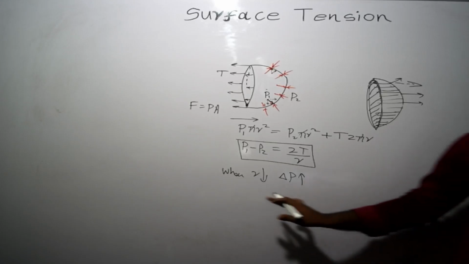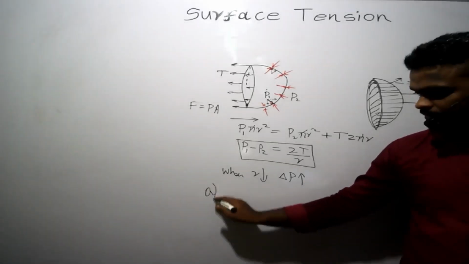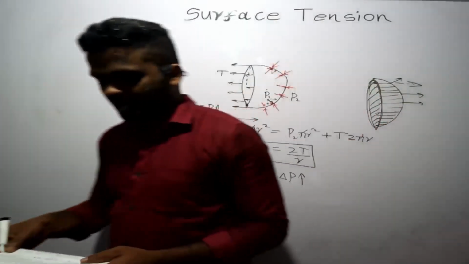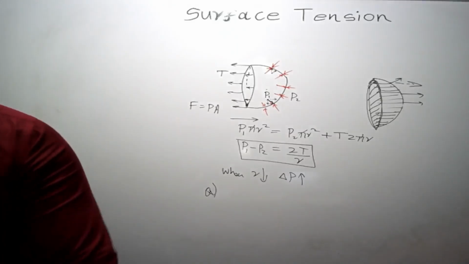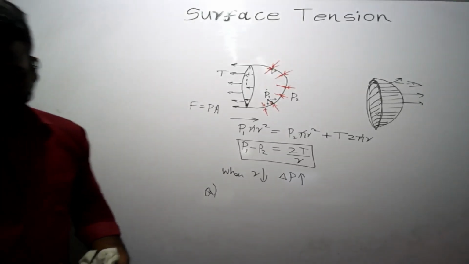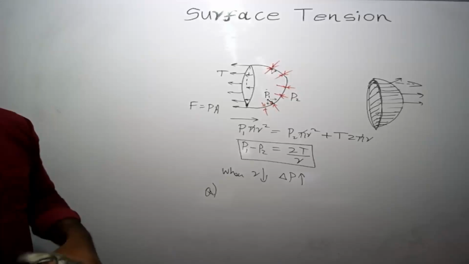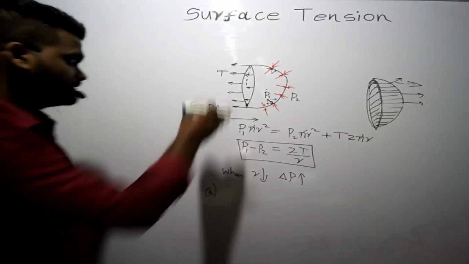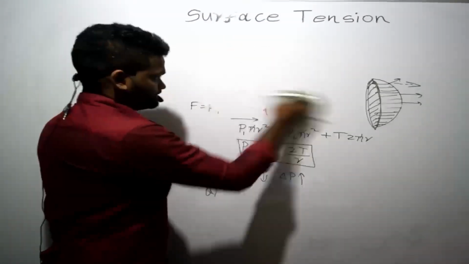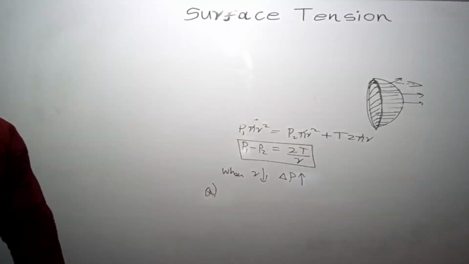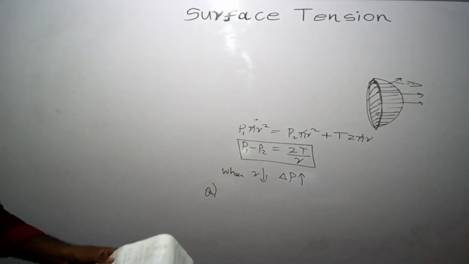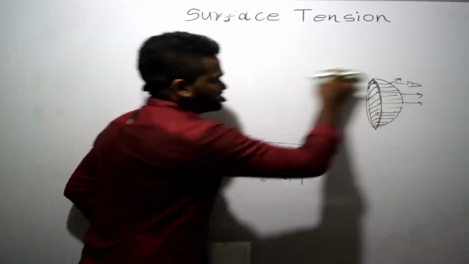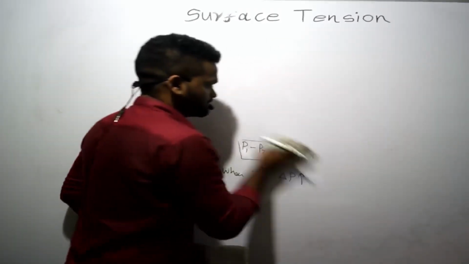Okay, we'll try a question. Write down Q. Find the excess pressure in a water drop with radius 3.6 millimeters.